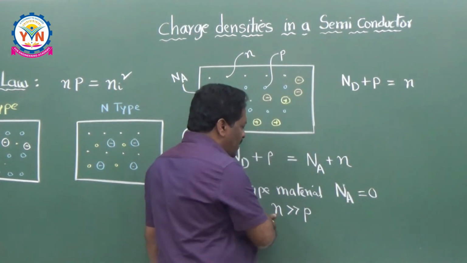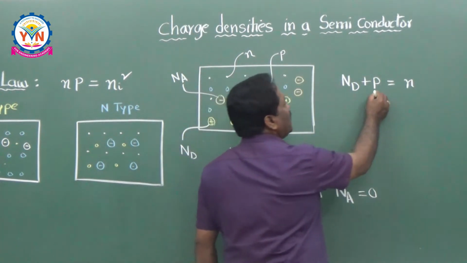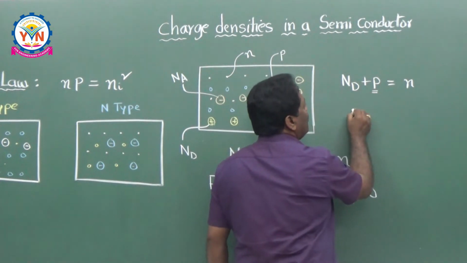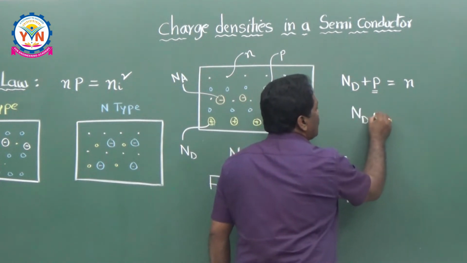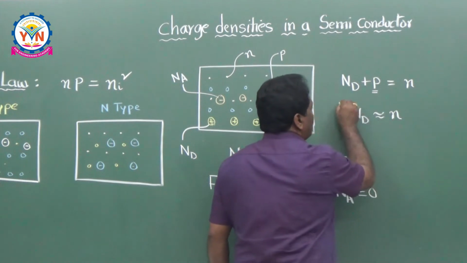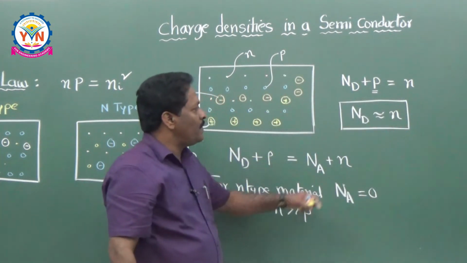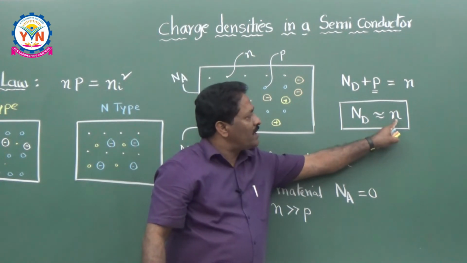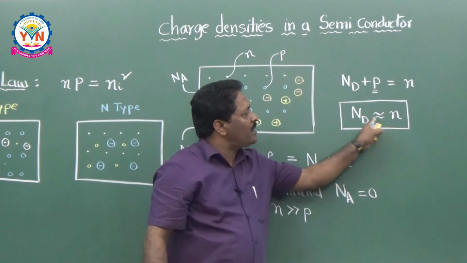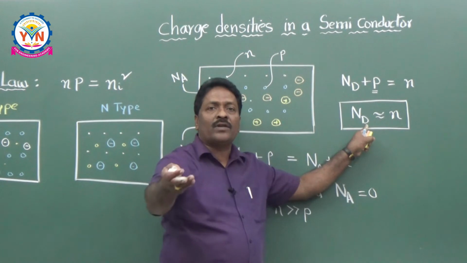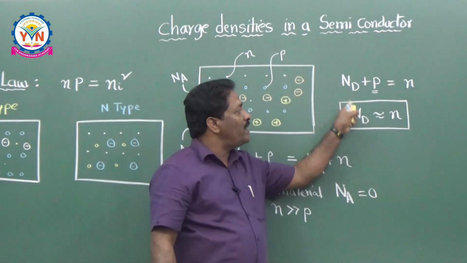Applying this condition, n is very, very greater than p, so p can be neglected. Then Nd is approximately equal to n. So what does it mean? The meaning is very simple, my dear friends. The electron concentration must be approximately equal to the density of donor atoms. This is for which material?